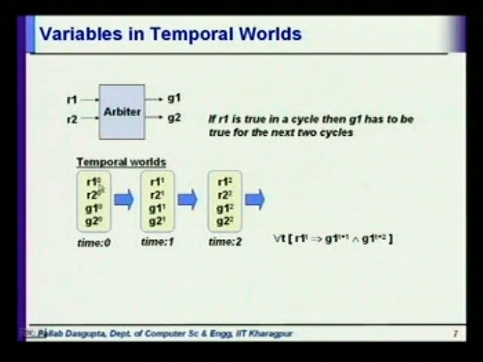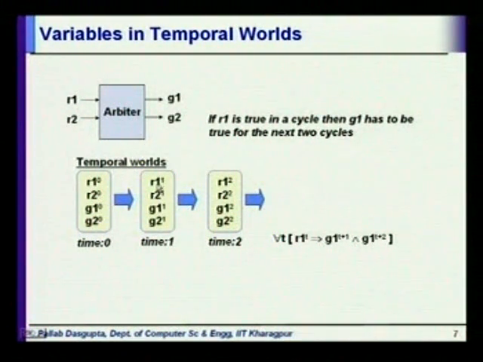So, we will say that R1 0 denotes the value of R1 in the initial state. R2 0 is the initial value of R2, G1 0 and G2 0 are the initial values of G1 and G2. Then at time 1, R1 1 is another variable. It is not the same as this variable. This variable is R1 0. R1 1 is another variable. And what does this variable represent?